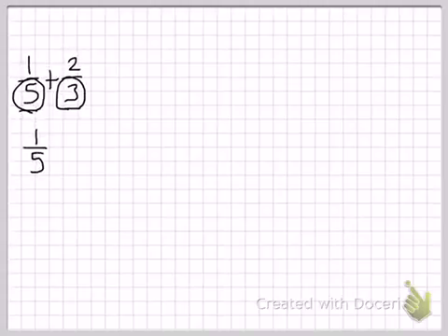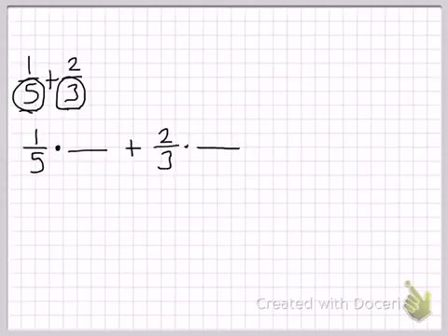We're actually going to use what we learned about a giant 1 and the multiplicative identity to create common denominators. Okay? I want to multiply 1/5 by a giant 1 that's going to create a common denominator. I also want to multiply 2/3 by a giant 1 that's going to create the same common denominator.